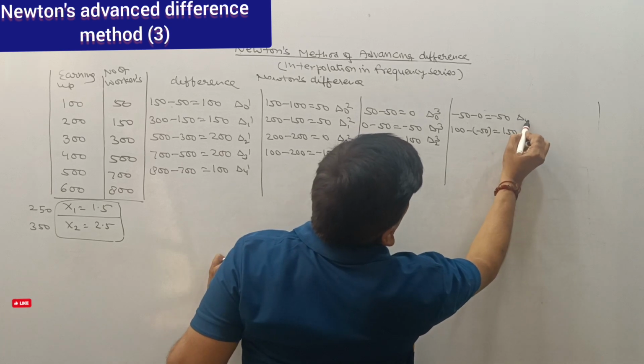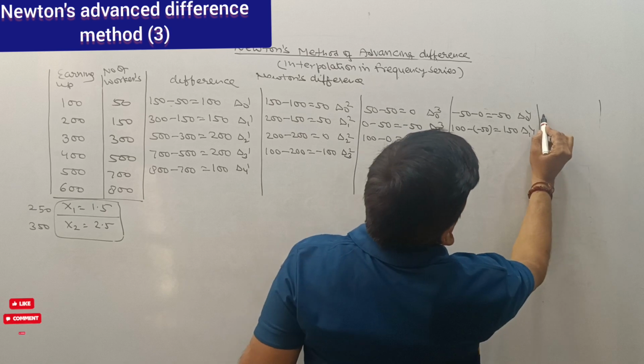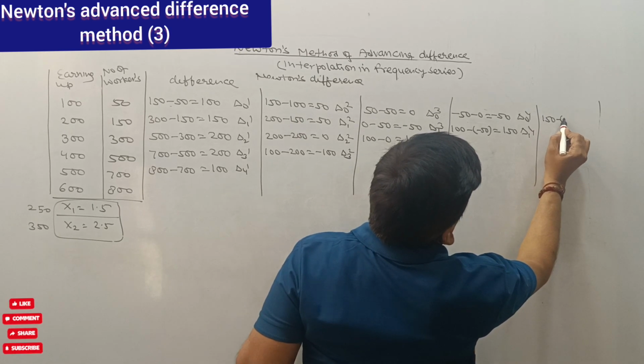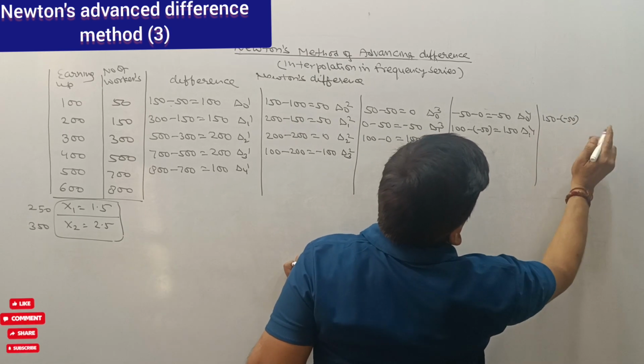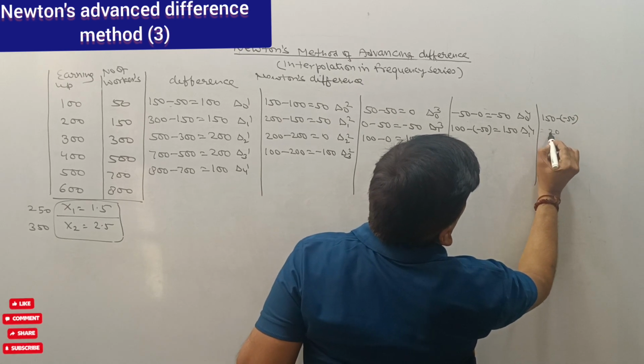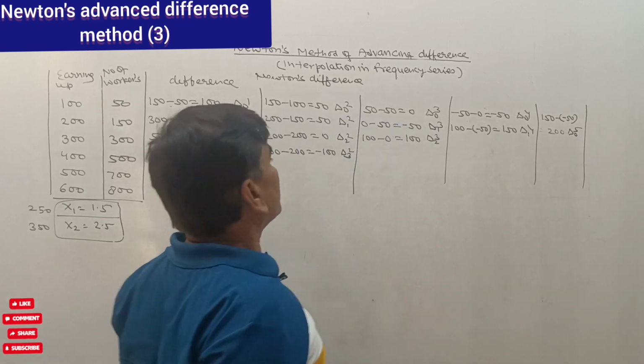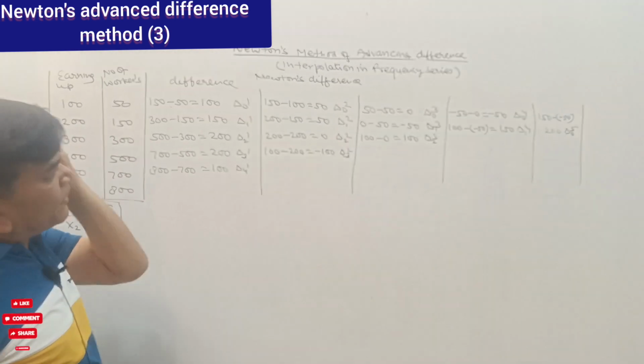So delta 04, delta 14. And the last difference, 150 minus 50, that is 200, delta 05. So the differences go up to delta 05.